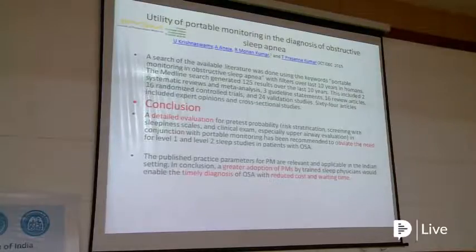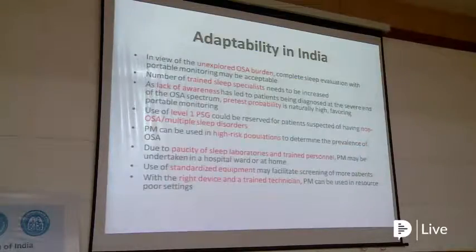The published practice parameters for portable monitoring are relevant and applicable in the Indian setting, and greater adoption of portable monitoring by trained sleep physicians would enable timely diagnosis of OSA with reduced cost and waiting time, in poor-resource settings also.